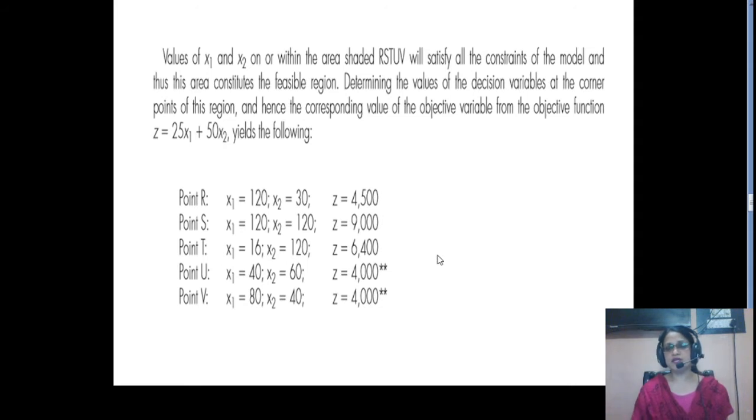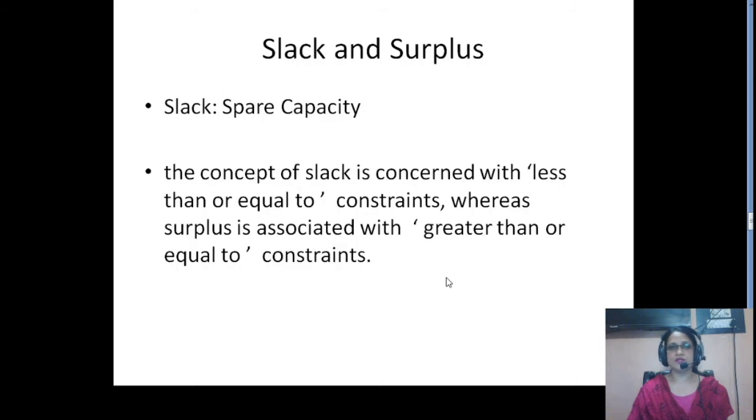So next we'll try to find out what else can be taken out from the results we are getting in the linear programming situation. Now, slack and surplus, right? These are the extended decisions which can be taken by solving with the help of linear programming.